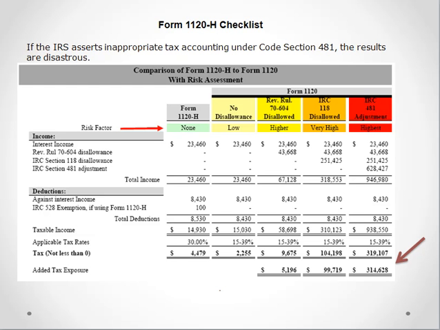And guess what? That gets taxed at the highest tax rate of 34%. This is a real nasty one, and you've got to realize I have seen this asserted on virtually every IRS audit on Form 1120 that I've ever worked on, and that's about 40 of them.